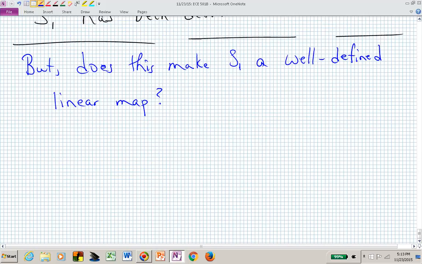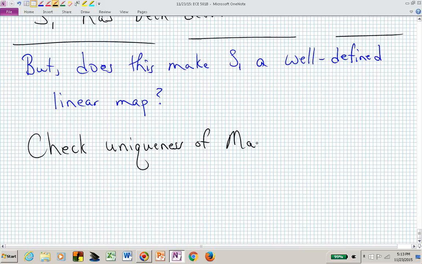So we want it to be a linear map and we want it to be unique. If that's the case, let's check some of these pieces. Let's check uniqueness of this map S sub 1.